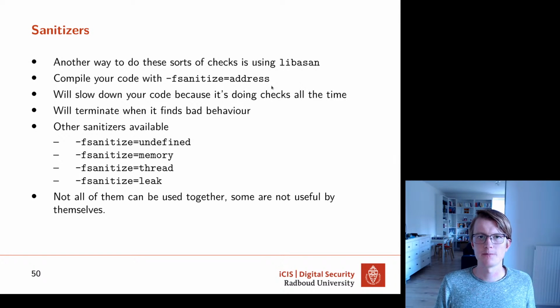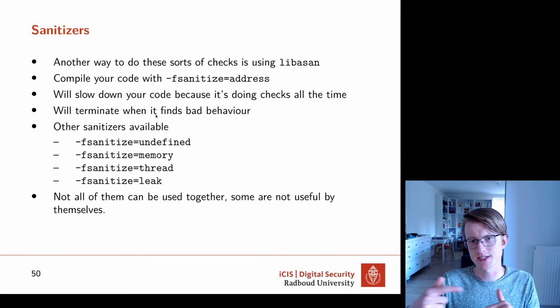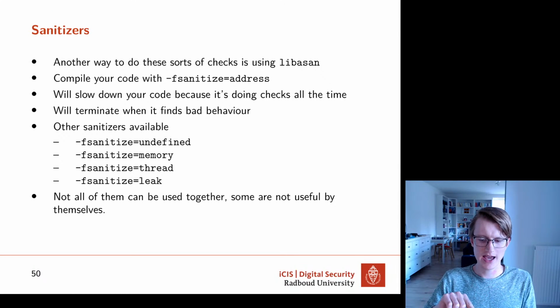And then your binary will really be checking this type of stuff at runtime. And then whenever it finds bad behavior, it can terminate and tell you exactly, okay, I was at this point in your program when I accessed this piece of memory that was being allocated by that piece of code.